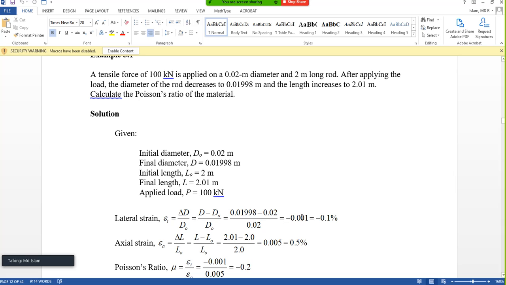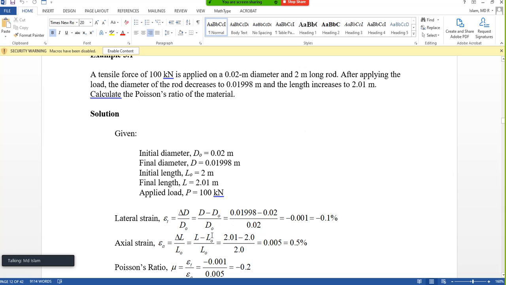Then we got the strain. It's a negative number because it's a tension test and the lateral dimension will decrease. Then the axial strain, delta L: this is my final L, this is my initial L, the change is delta L, that is the change divided by original.